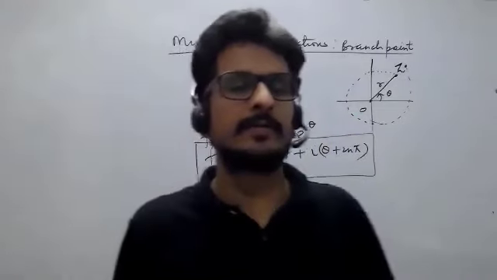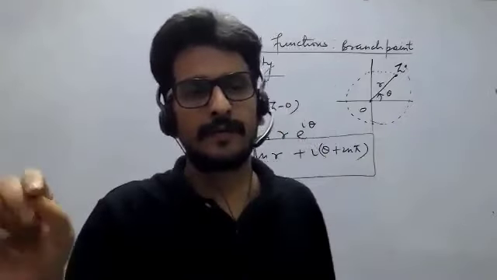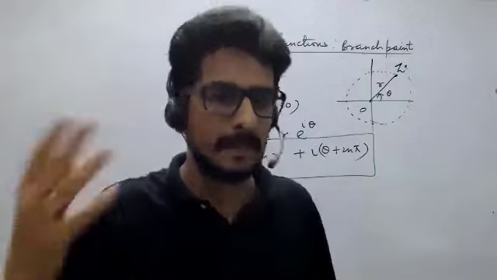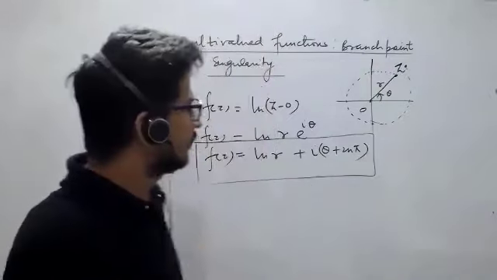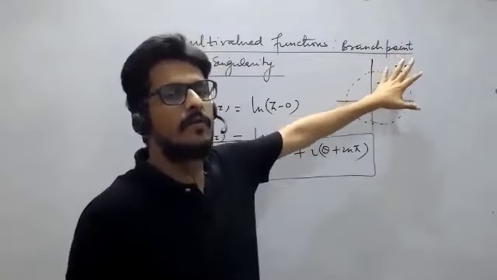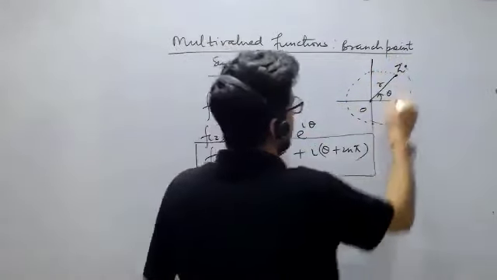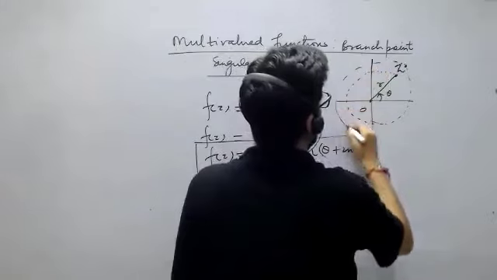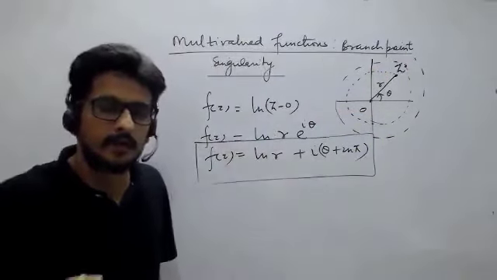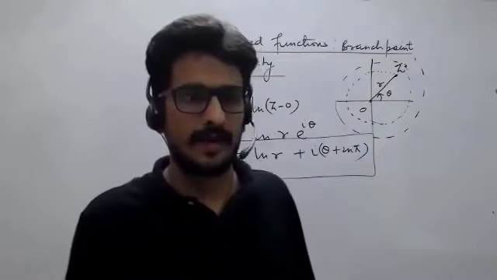Obvious, because modulus is given by under root of real square plus imaginary square. So you will arrive to a new value of function, and if you take another run, you will arrive again to a new value.